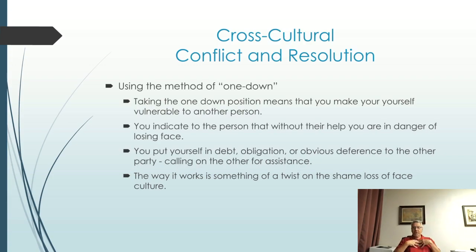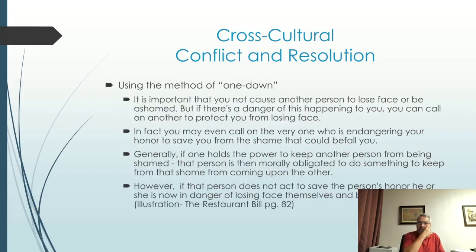So this is a situation where something is going on and you're being taken advantage of or something like that. And you express to another person that you're in danger of losing face, and you're putting yourself in debt and obligation to them and calling on them for assistance. And so this whole thing is a little bit of a twist on the shame and loss of face culture, but is a powerful tool that can be used. A little more details about it.